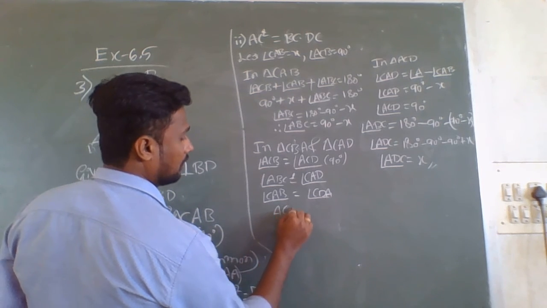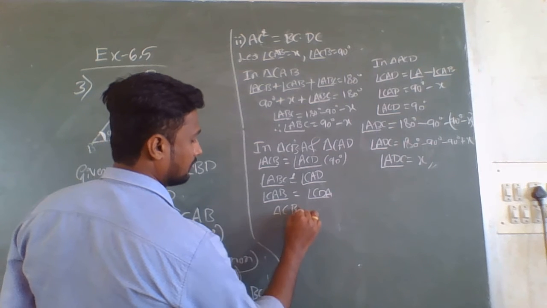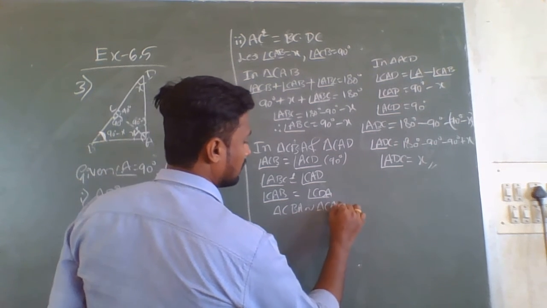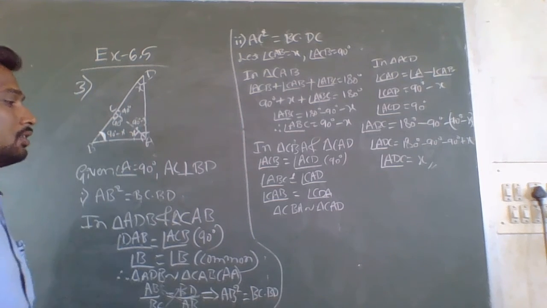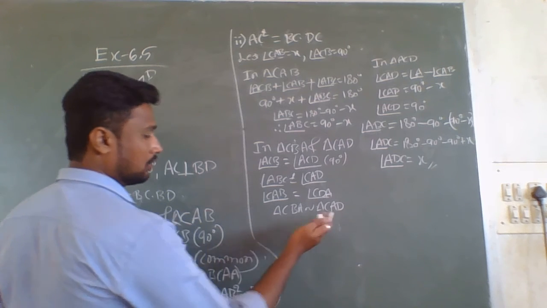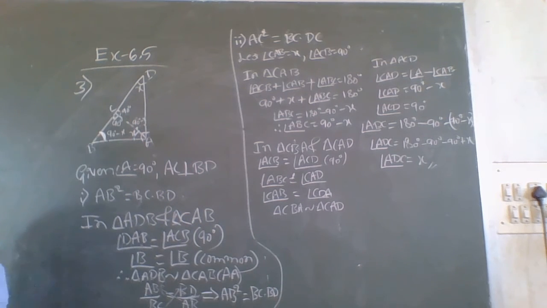Triangle CBA is similar to triangle CAD. If these two triangles are similar, then we know that corresponding sides are proportional.